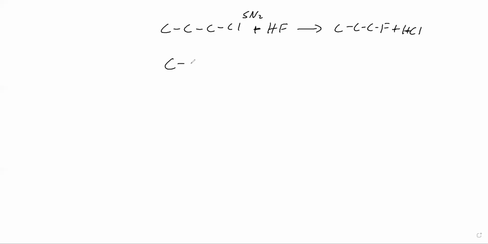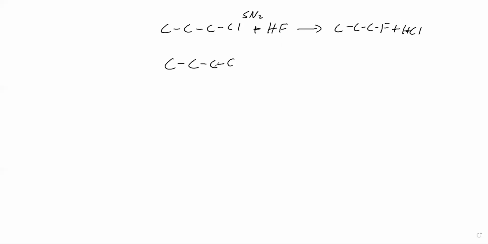So if I've got something like this, Cl, plus, if I do plus HF, C, C, C, F plus HCl. This is a standard SN2 substitution situation, okay?